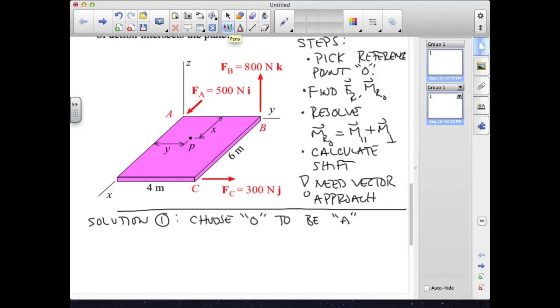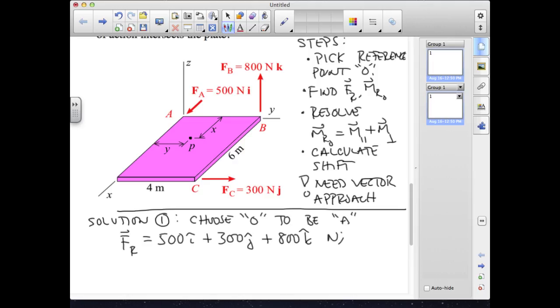Now, again, this problem is at least relatively straightforward in the sense that we have these three force components and they all act in a different direction, so that at least the resultant force is a relatively easy thing to find. We can see that it's just going to be 500i plus 300j plus 800k newtons.